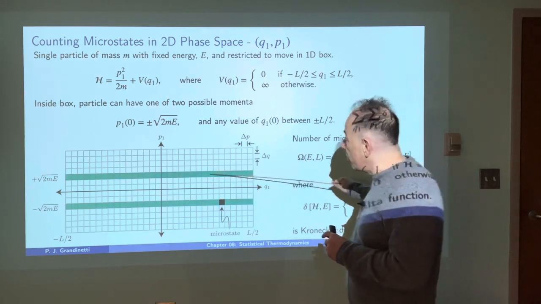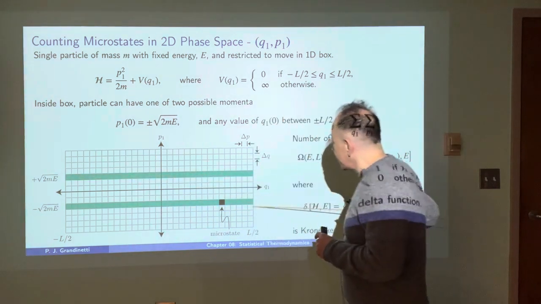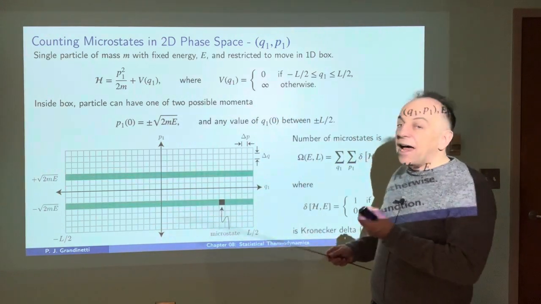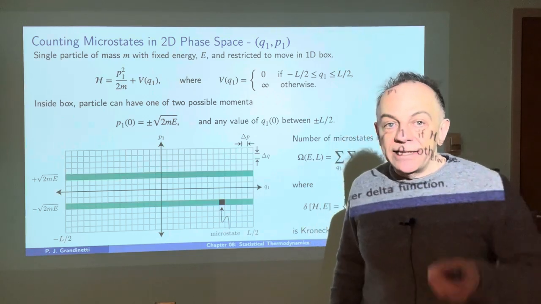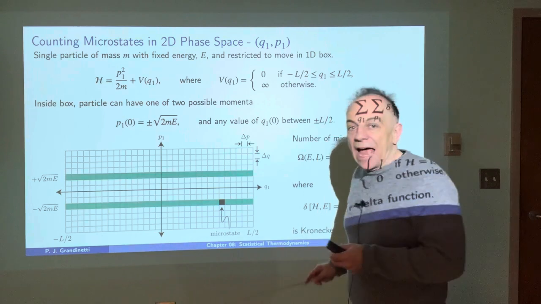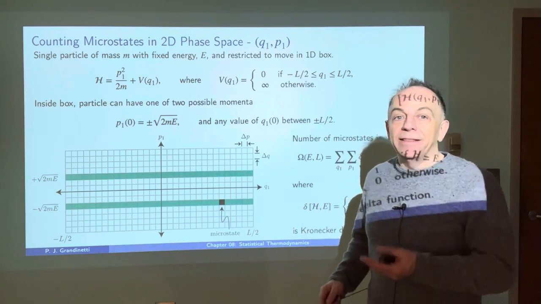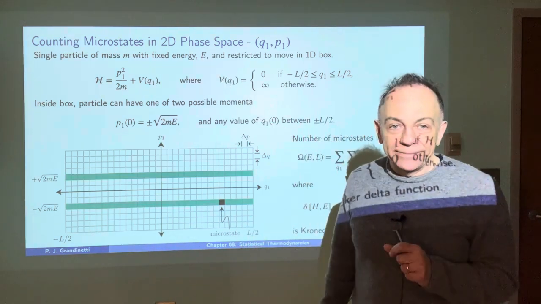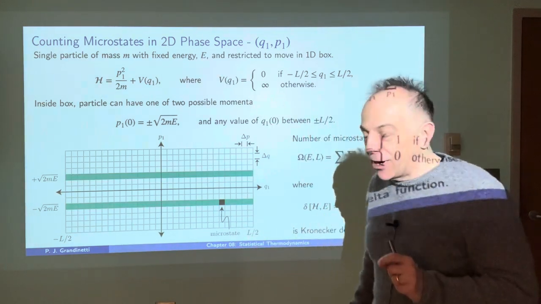So if I want to count microstates that are consistent with the total energy, then I would just go through here and count all of those. And that would be the number of microstates associated with that energy, in this particular problem.